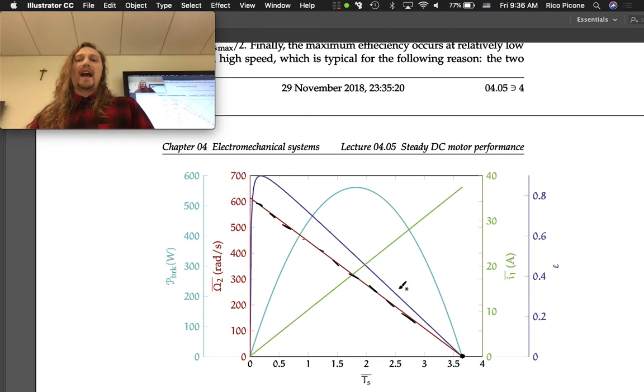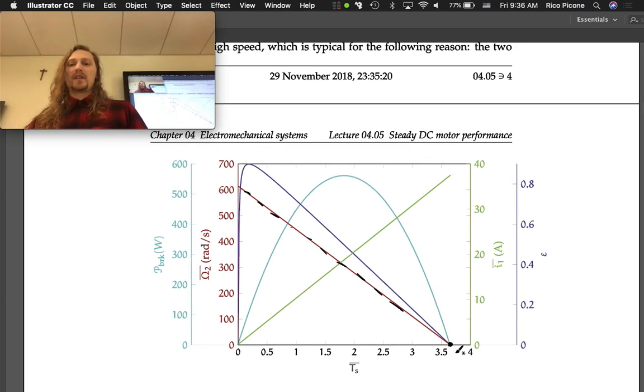So when it's at 0 speed, that's the torque that it can deliver. So that's your max torque, or your so-called stall torque. This is sometimes called the stall torque.